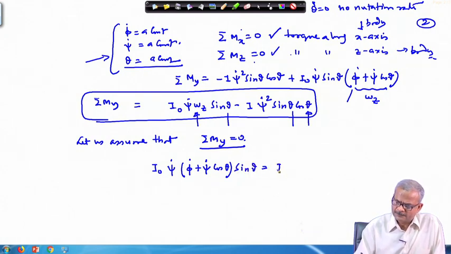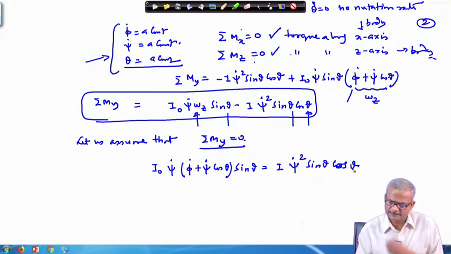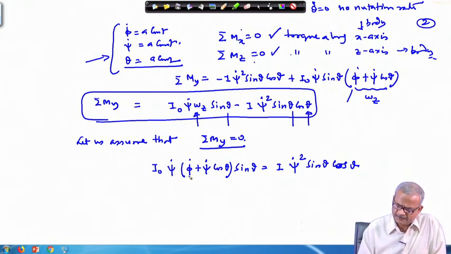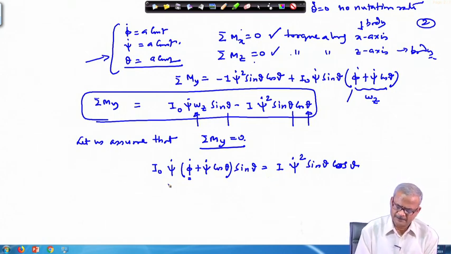So, let us look into this problem, psi dot square sin theta into cos theta. We will separate out the phi dot term and psi dot term, and write the equation correspondingly.